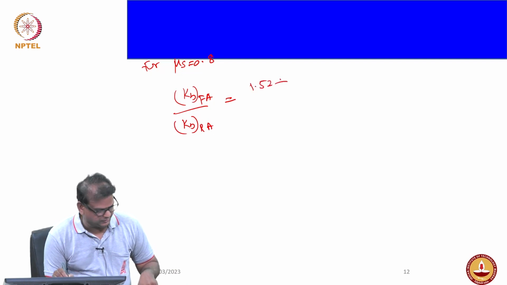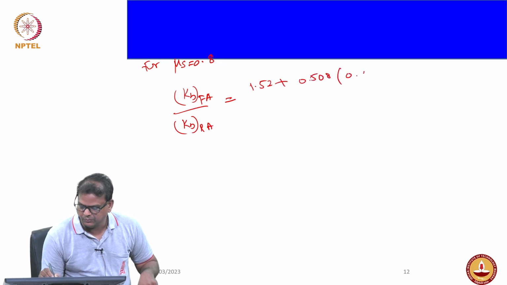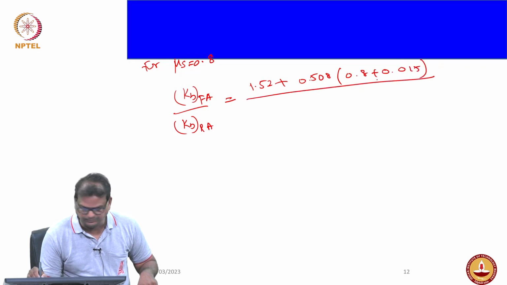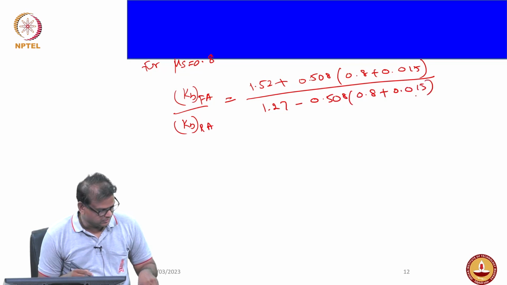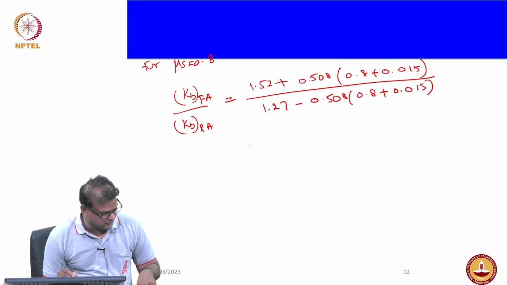Is it 1.52, right? 0.8 plus 0.015, 1.27.